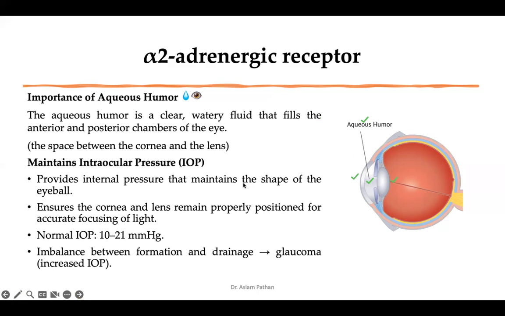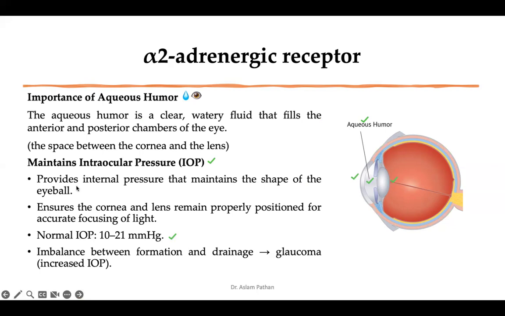It is responsible for the maintenance of intraocular pressure, which is normally between 10 to 21 millimeters of mercury.